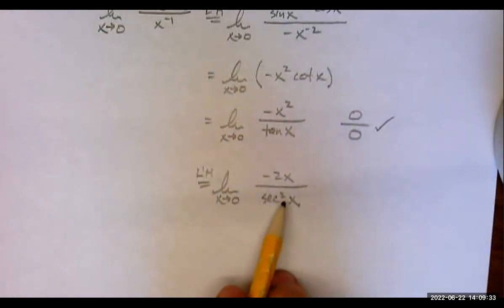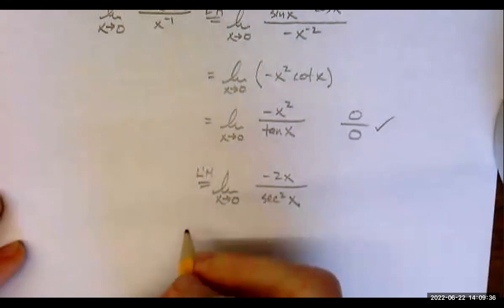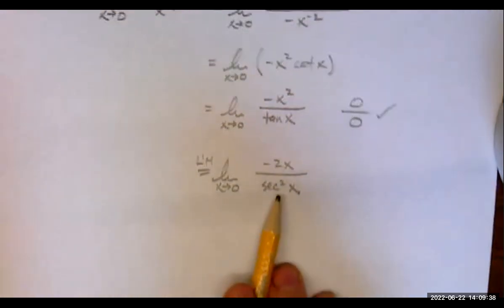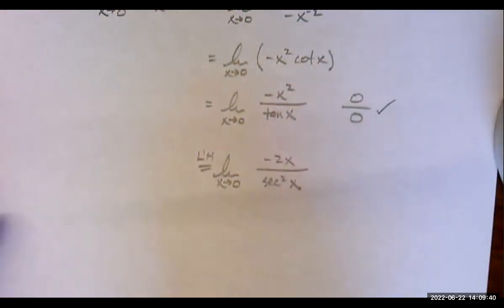Secant squared is the reciprocal of cosine squared. You know what, let's leave it like that and we'll see what happens. Okay, what happens if we plug in 0 at this point? What is the secant of 0? Well, you can find that by taking 1 over cosine of 0, and we need to square here. Turns out cosine of 0 is 1.